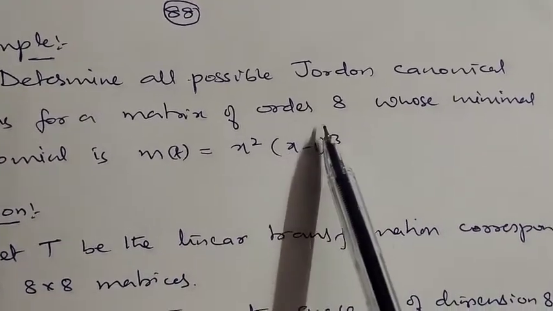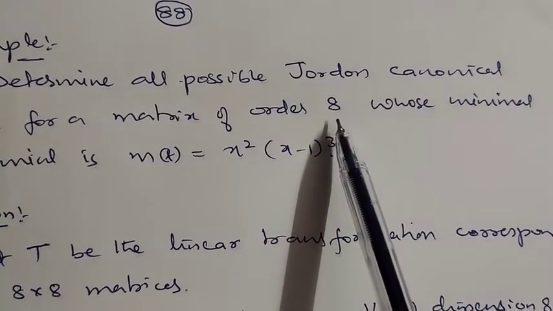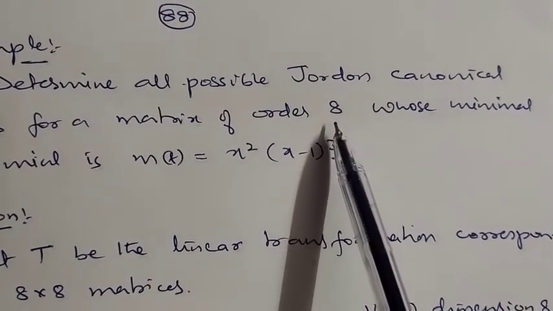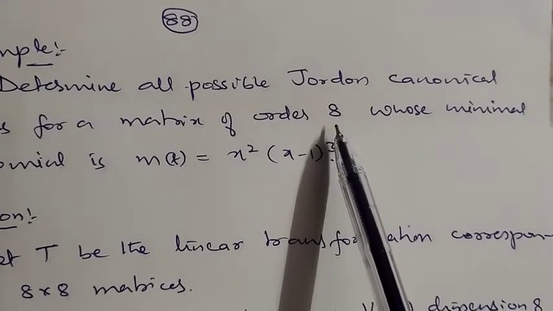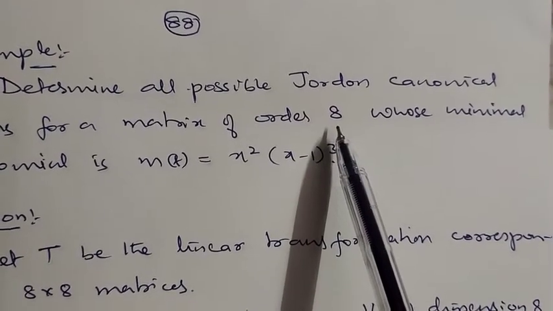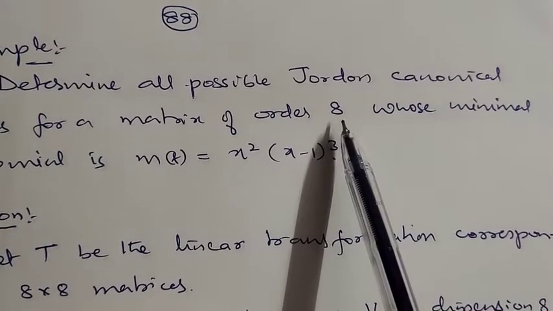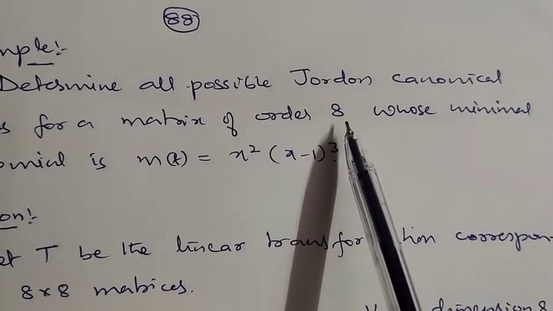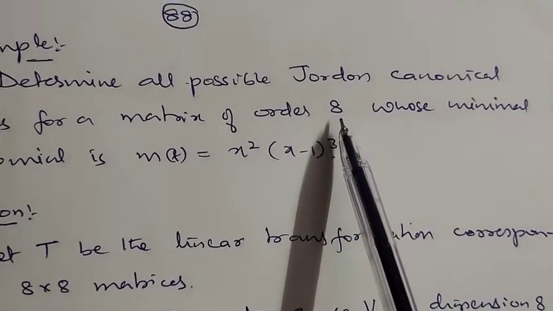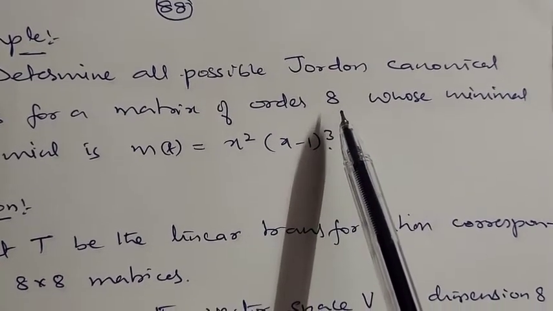What is the order of the matrix they are asking? It is of order 8. So for a matrix of order 8, what will be the degree of the characteristic polynomial? The degree of the characteristic polynomial must be 8.